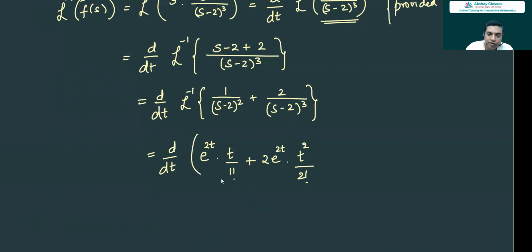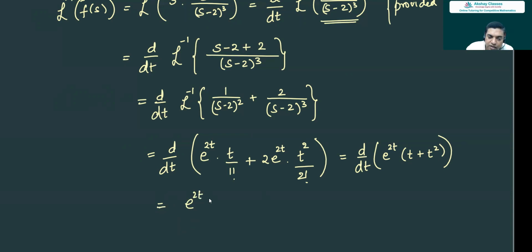So now I have to differentiate this. 2 cancels here. I'm left with the derivative of e power 2t times t plus t square. Now we can differentiate: keep the first function as it is and differentiate the second with respect to t, plus differentiate the first function keeping the second as it is.